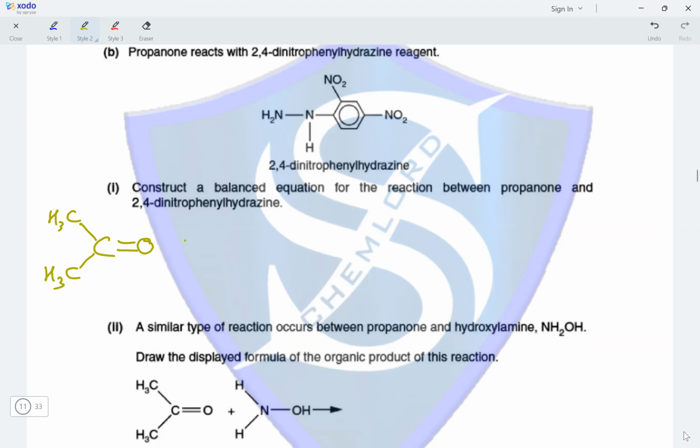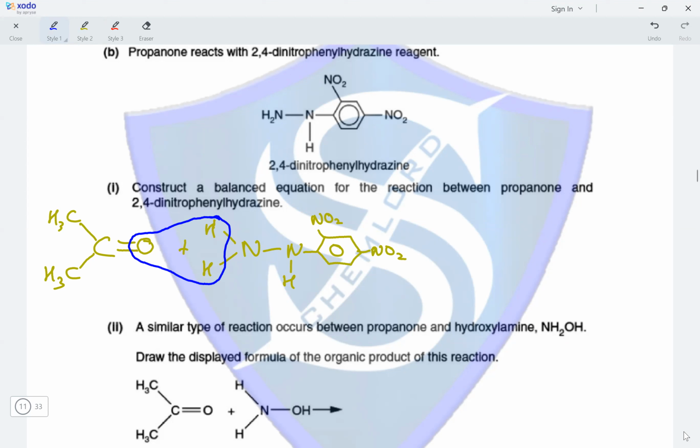And this would react with 2,4-dinitrophenylhydrazine, which would be this molecule. And this particular reaction is a condensation reaction because the water molecule that is removed is the oxygen of the carbonyl group and the two hydrogens of the NH2 group.